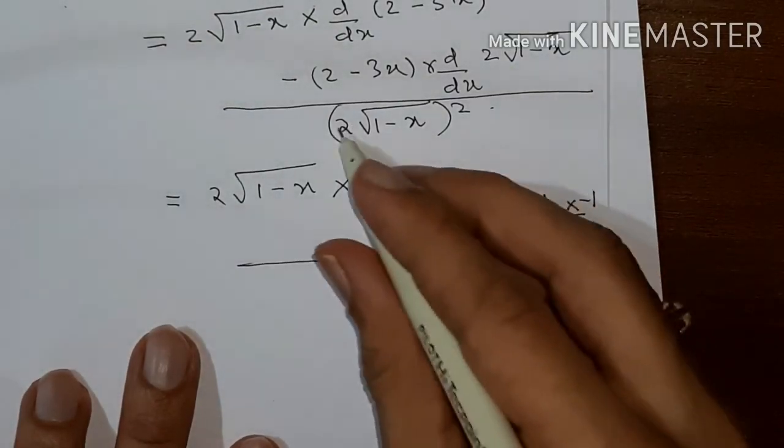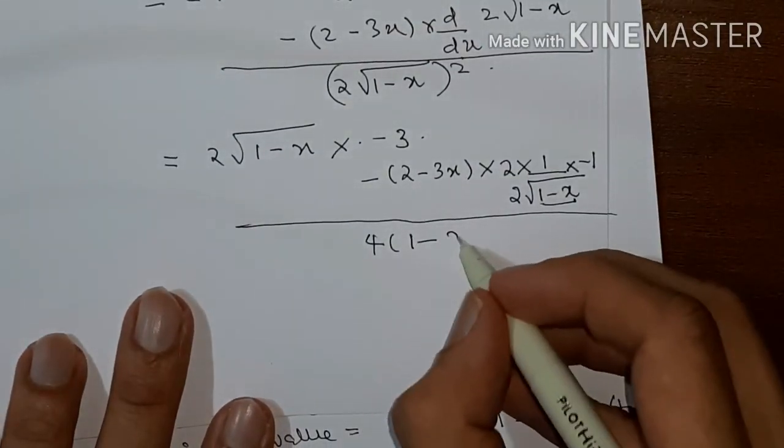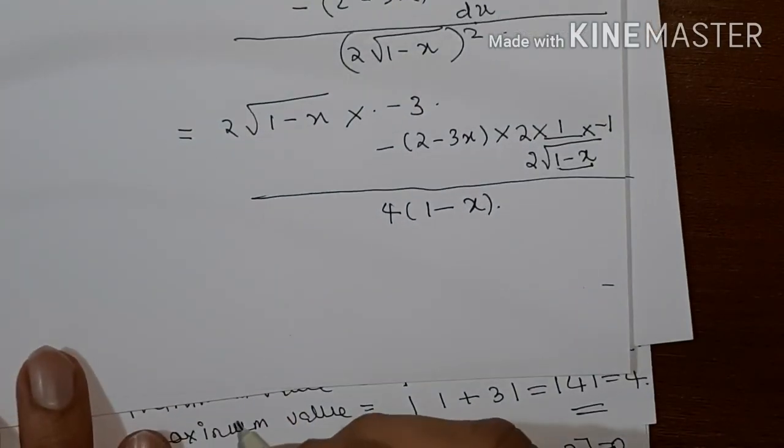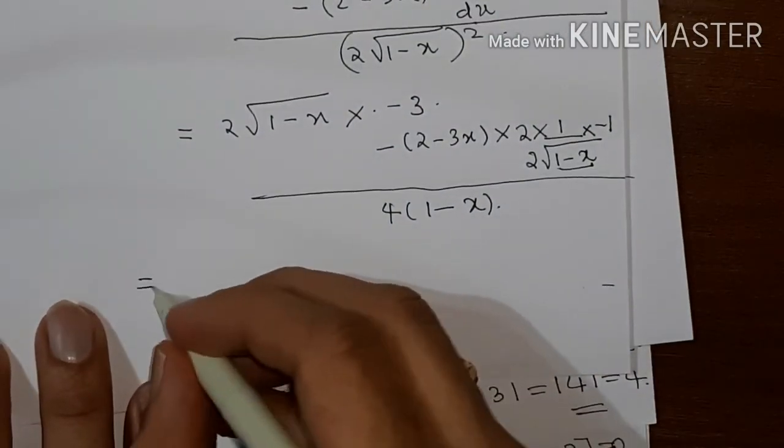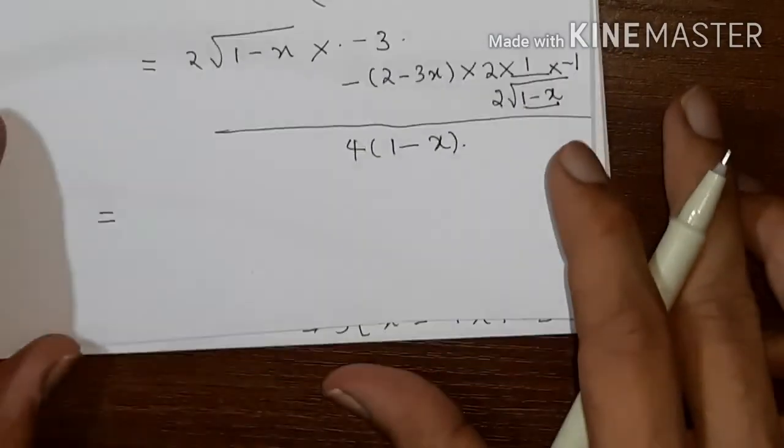This 2 square is 4 multiplied by 1 minus x, right?